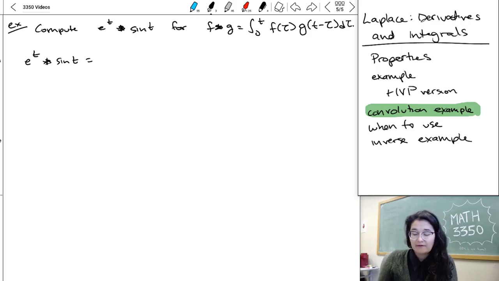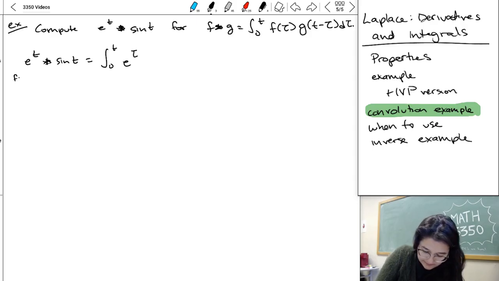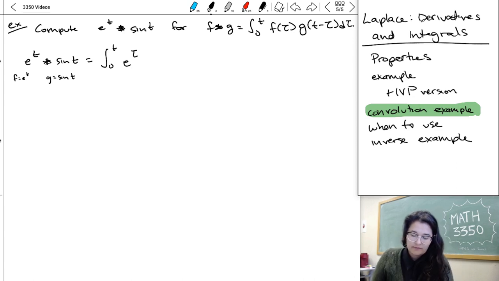So following the definition, if I want to compute e^t convolution sine t, I'm going to take the integral from 0 to t, and then I'm going to switch my first function to be in terms of tau. So e^t becomes e^tau. And then I want to switch my second function, sine t, to be in terms of t minus tau.